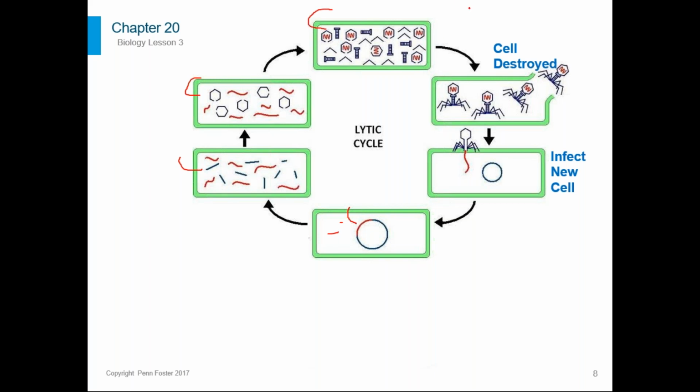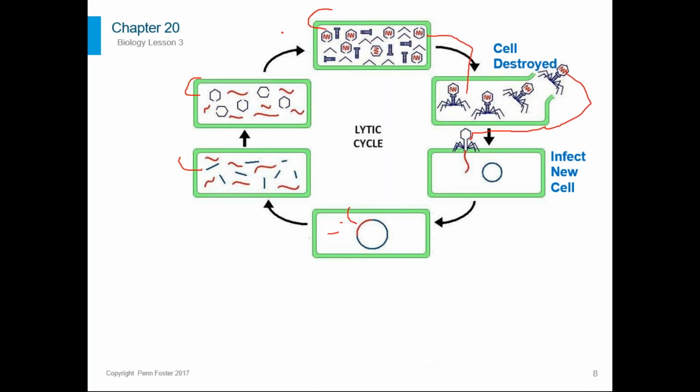At the end, we've got all these complete viruses made. They pop out of the cell, and the cell is destroyed. Then the virus leaves the cell and finds a new cell to infect, injects its DNA in there, and it does that again. So the lytic cycle is destroying the cell because the cell is just being used to manufacture viruses.